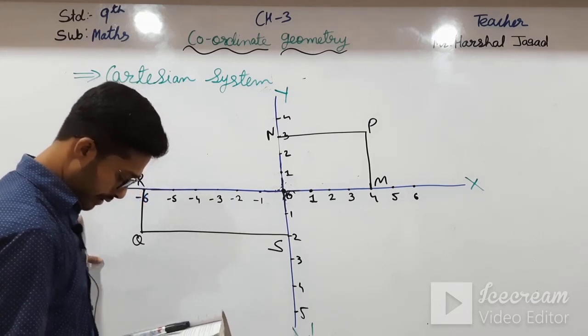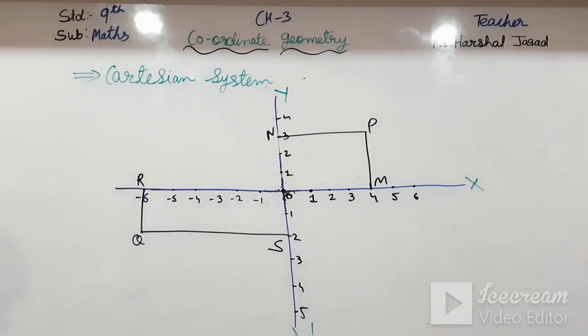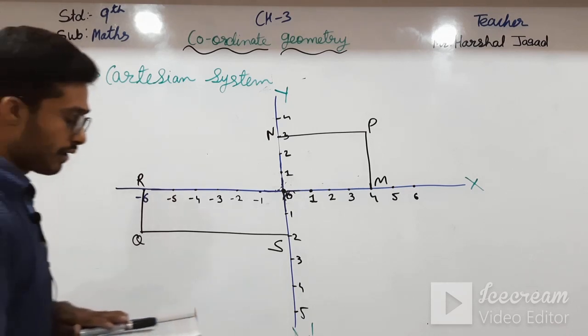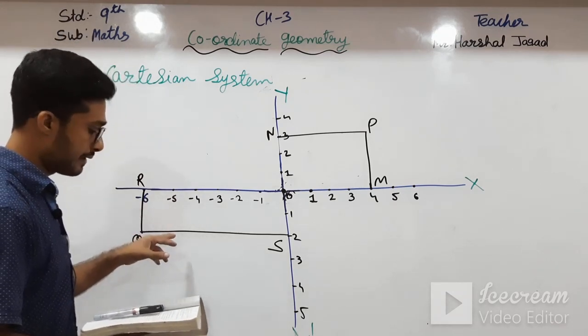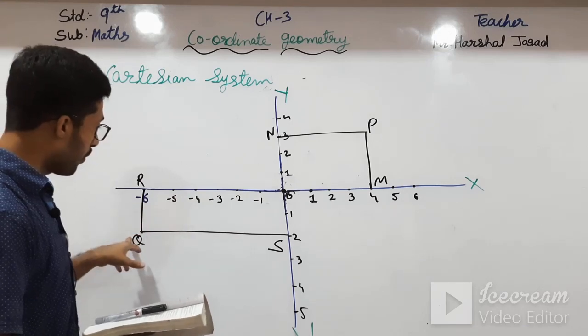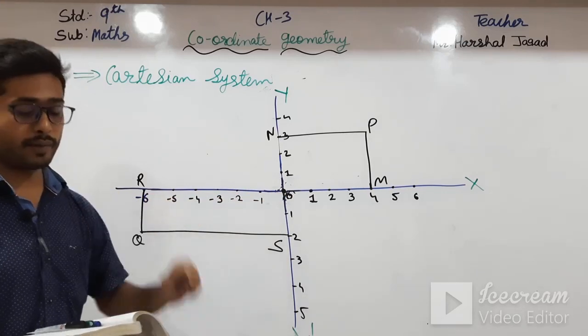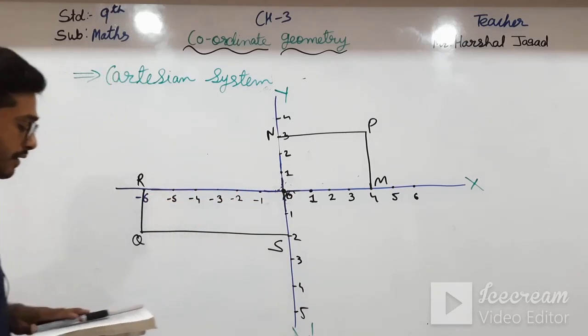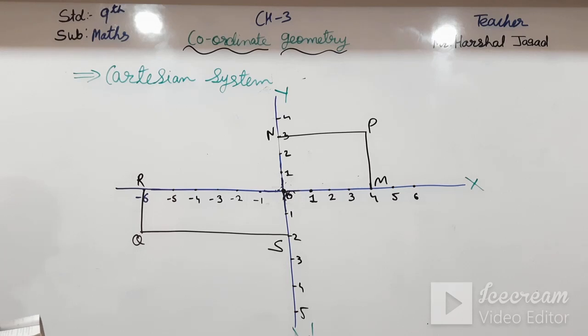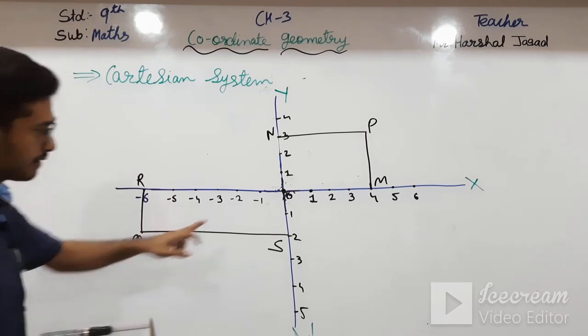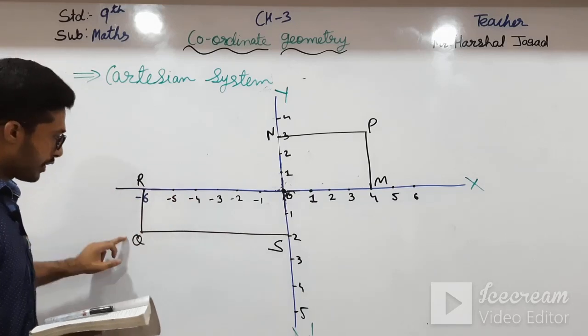And next one, point number 4: the perpendicular distance of the point Q from the x-axis measured along the negative direction of the y-axis, that is OS and RQ, is equal to how many units?